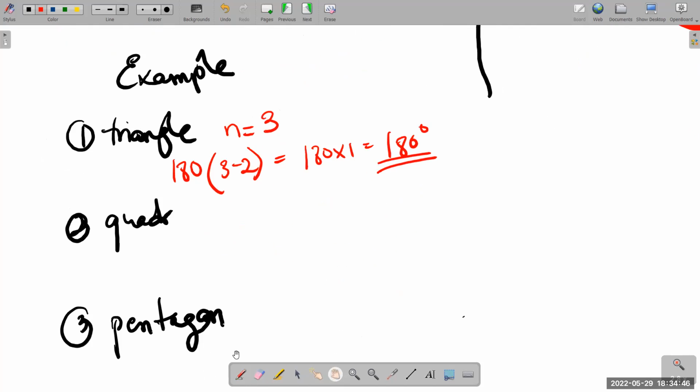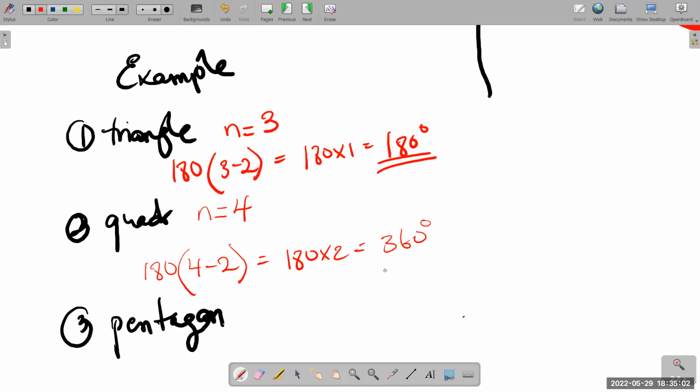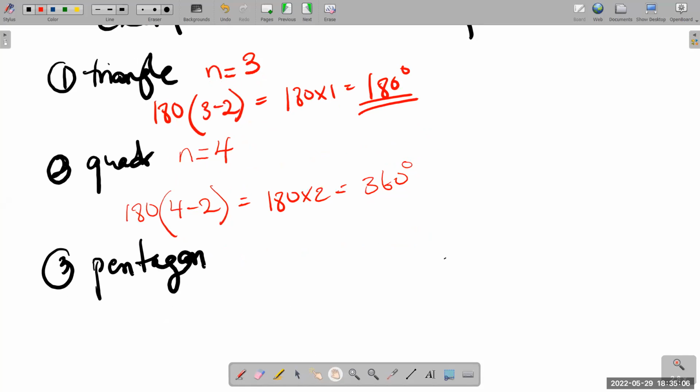So that is correct. For a quadrilateral, how many sides do we have? 4. So n is 4. Put in the formula: 180 times (4 minus 2), which is 180 times 2, which is equal to 360. So the sum of the angles in this quadrilateral is 360. Everybody get the point I'm making?